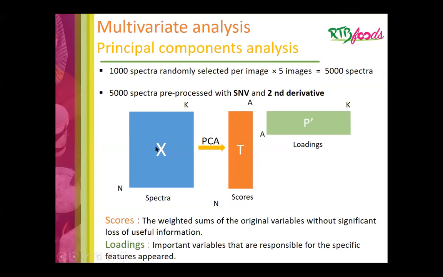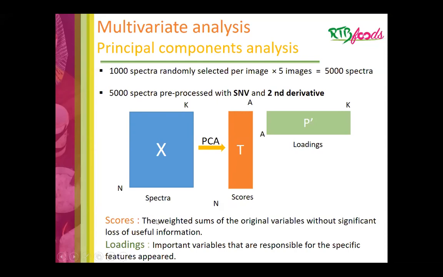As you can see here, in PCA we decompose the original spectra into two matrices. The first one is the score matrix, T. A here is the number of new variables, principal components, and N is the number of spectra.